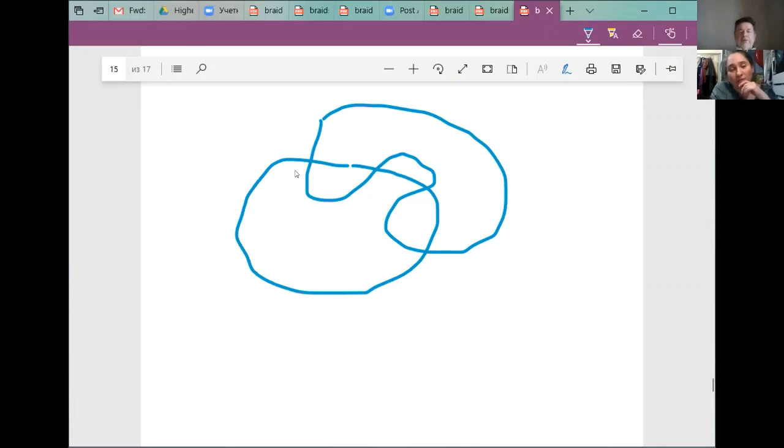This is say, for simplicity, that this is the disk. How many times you entered the disk, the same times you should go out, because by Jordan theorem, it divides your plane in two parts.